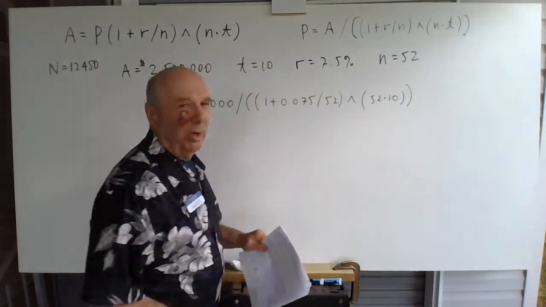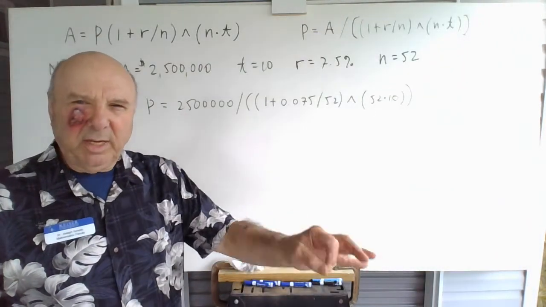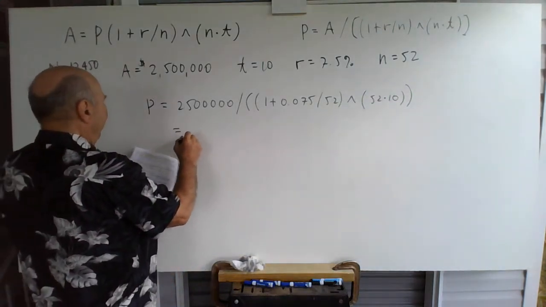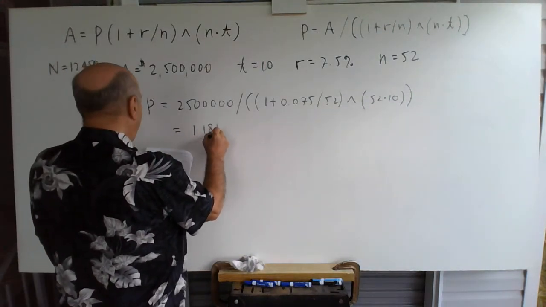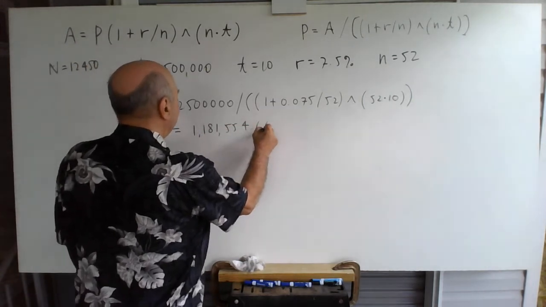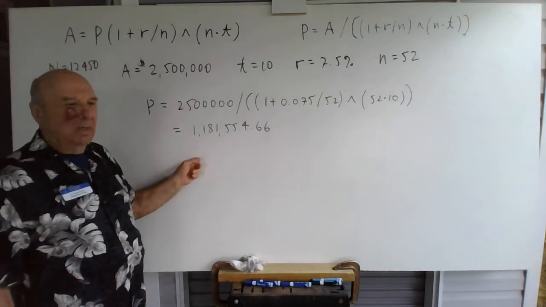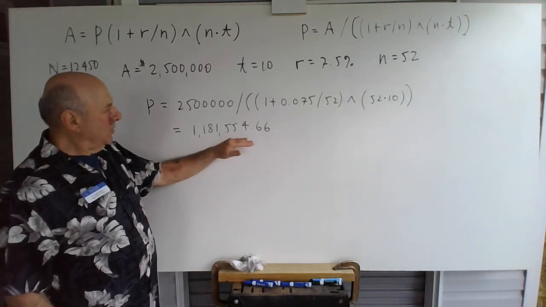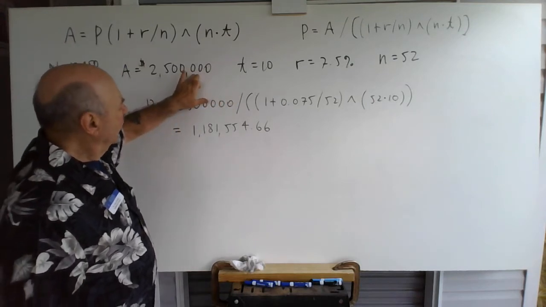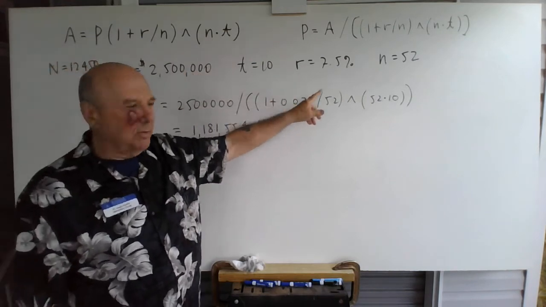So 520 compoundings. They get a little bit of extra interest every time they do that. So when we work this out, we get $1,181,554.66. So that's less than half of this. If I could get this amount of money right now, I would get more than double that in 10 years at that fine interest rate.